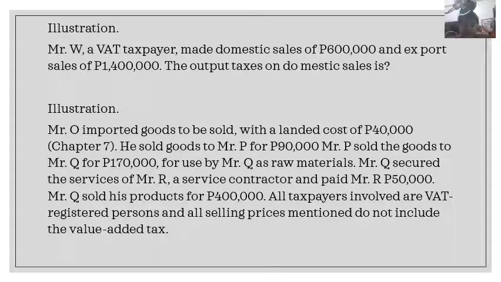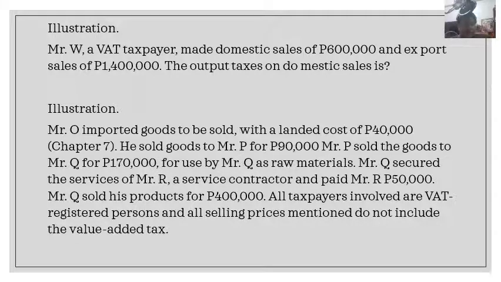Tapos, nung in-import niya, syempre yung importation is subject to value-added tax. Hindi siya zero-rated kasi export yung zero-rated. So, nung in-import niya, nagbayad siya ng 40,000, syempre mayroon siyang binayarang VAT doon. So, 40,000 times 12% equals 4,800. So, ang question is, VAT payable.